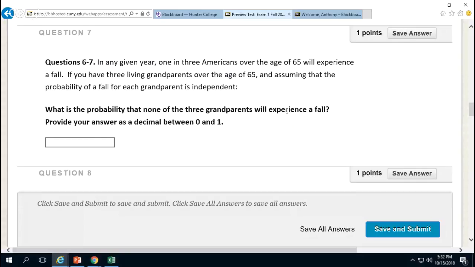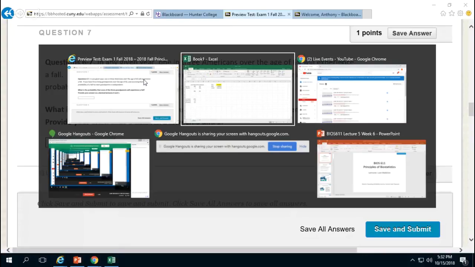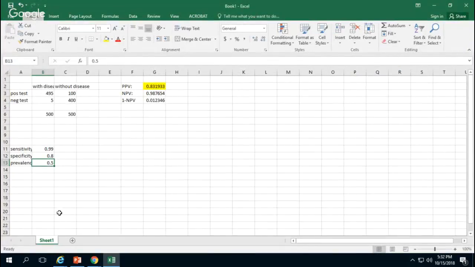You could do this by going to that binomial calculator that I gave you, or because it's at the extreme of 1, there's kind of a shortcut you could do. The probability of experiencing a fall is 1 in 3. I'm going to go back to my spreadsheet.